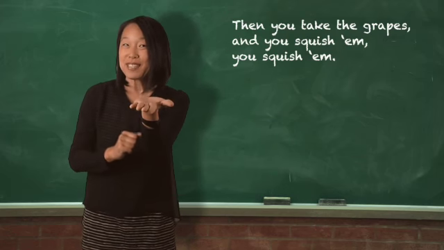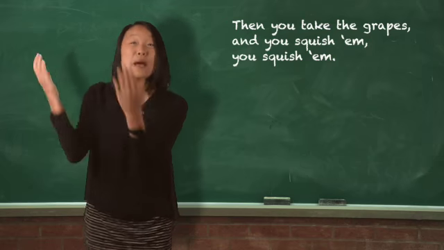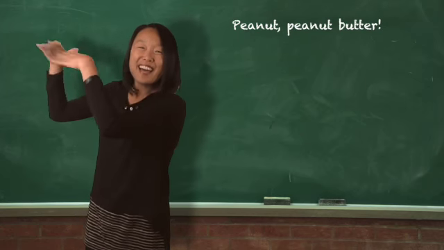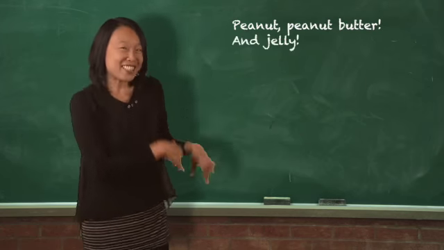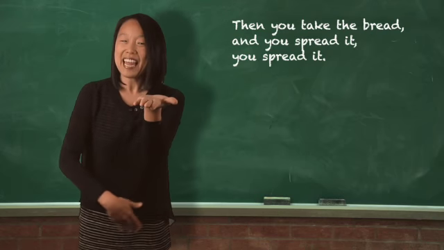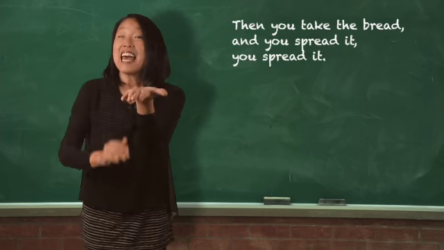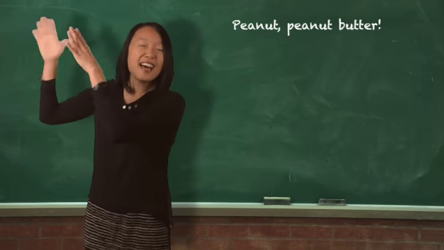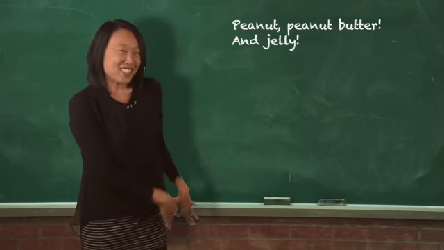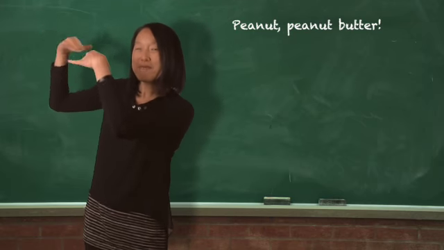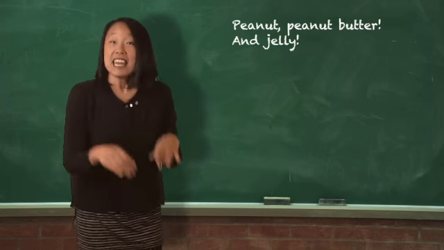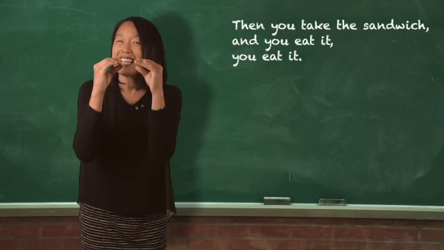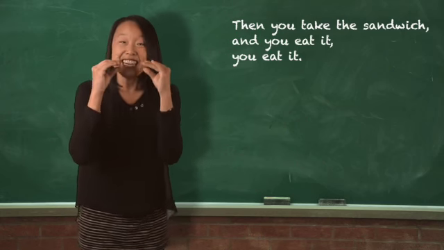Peanut, peanut butter, and jelly. Then you take the bread and you spread it, you spread it. Peanut, peanut butter, and jelly. Then you take the sandwich and you eat it, you eat it.